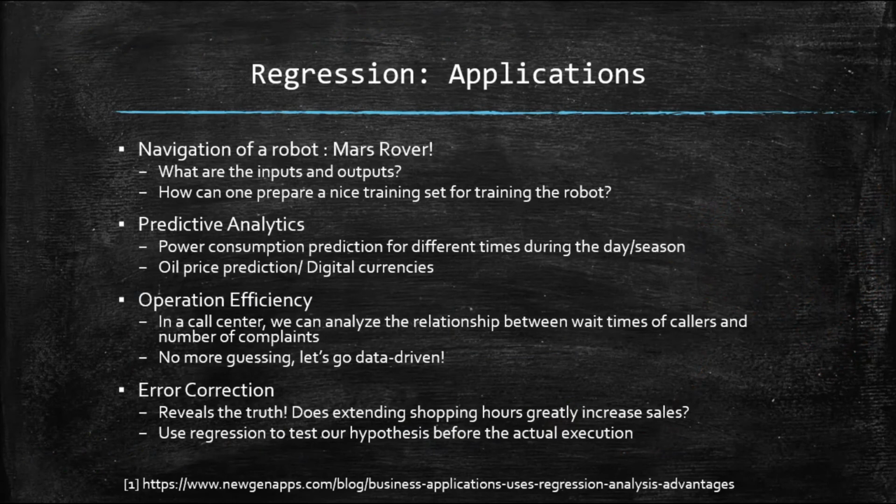As for the applications of regression, remember that in regression we're trying to predict a number, not a label. So think of the navigation of a robot, for instance a Mars rover. The inputs are, say, the angles of the metal joints in this particular robot, and it could also be the images sent from a camera in the head of the robot.